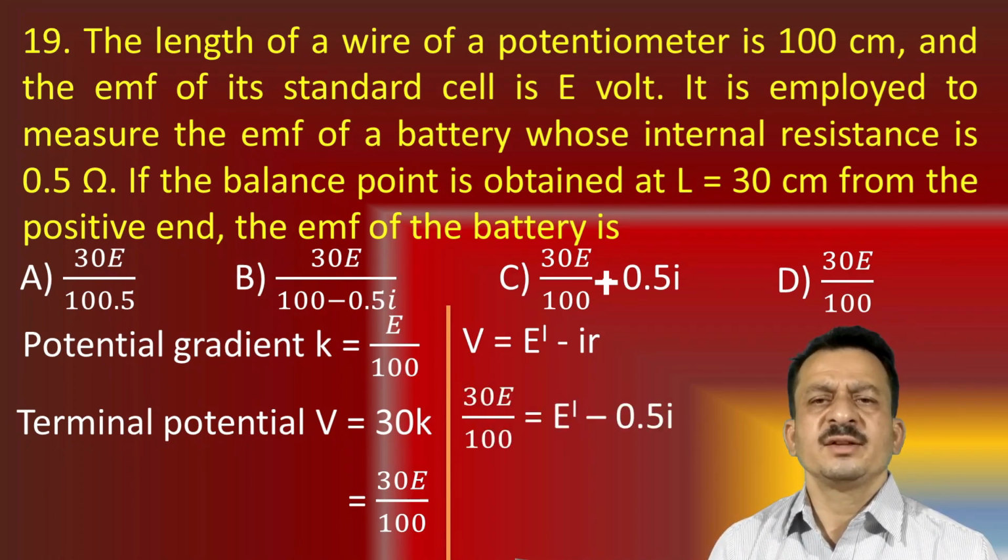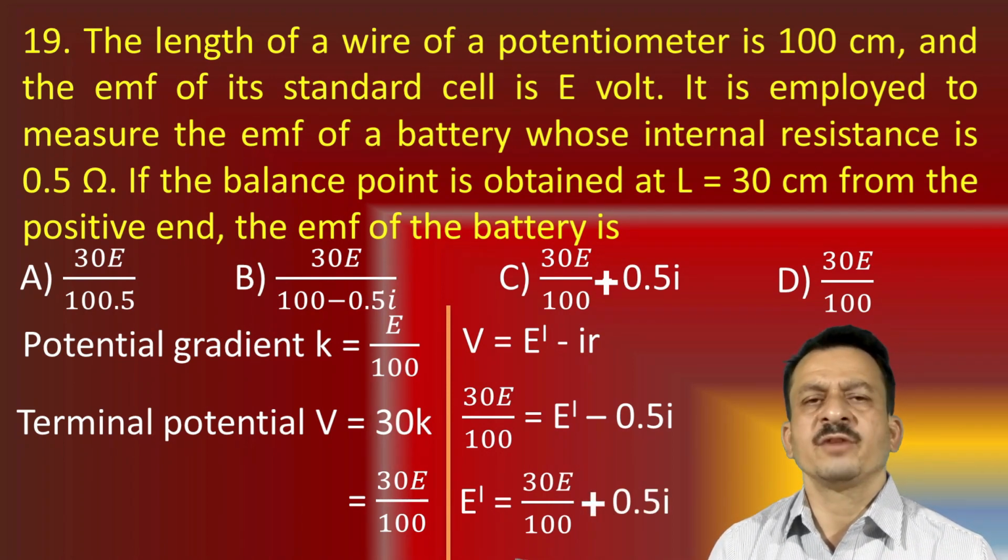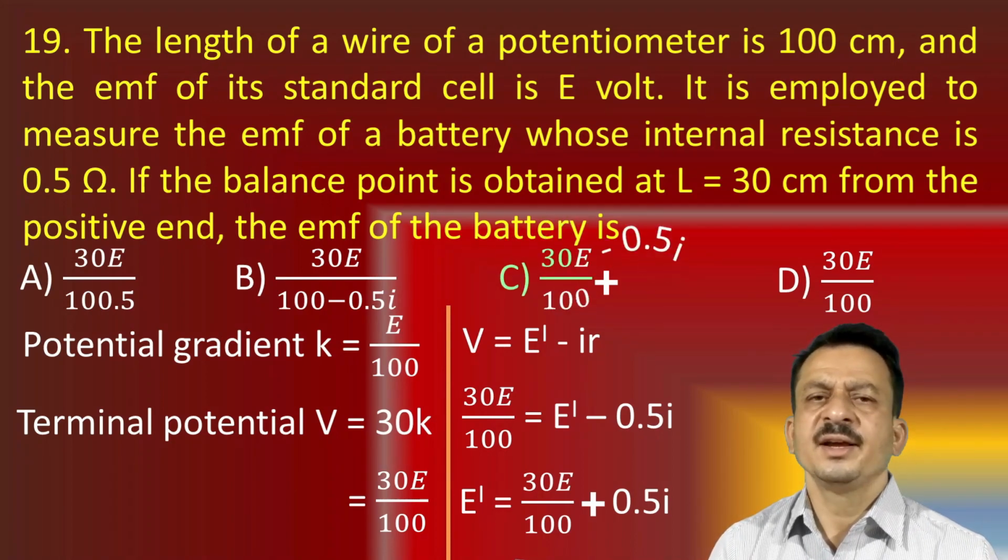Therefore, 30 into E divided by 100 is equal to E dash minus I, the current, into the internal resistance of the cell, 0.5, which is given. Therefore, E dash is equal to 30 into E divided by 100 minus 0.5 I. Hence, C is the right answer here.